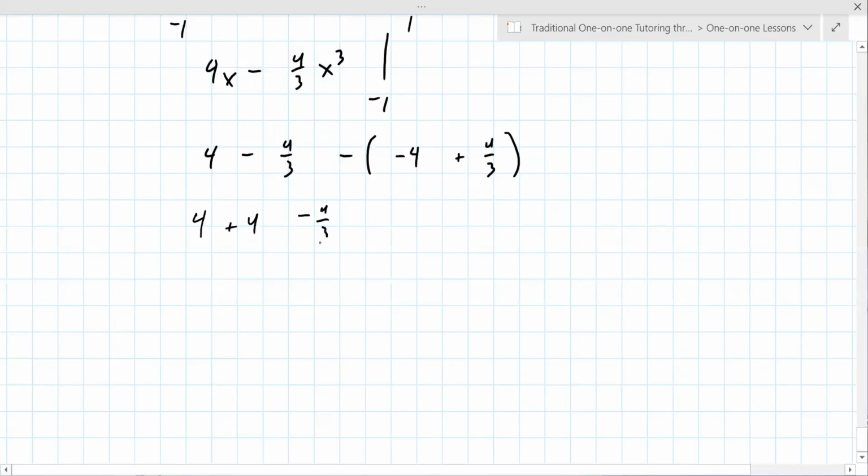This is minus 4/3 minus 4/3. So this is 8/3. This is 8, but we want 3 as a bottom. So go 24/3, and that becomes 16/3. And that does work. Okay.